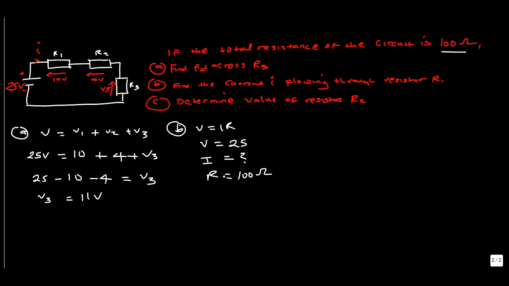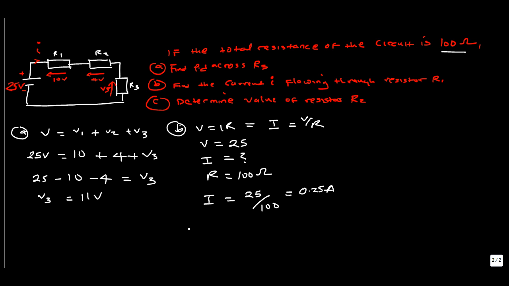So we can say V equals IR, which means I is equal to V over R. And this gives us I is equal to 25 over 100, which should be 0.25 amps.